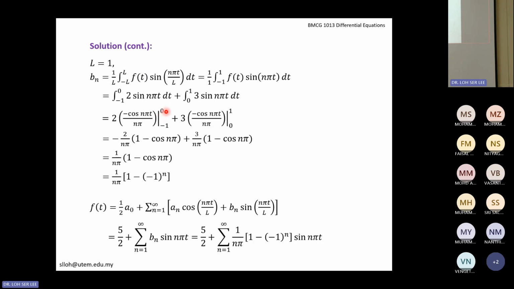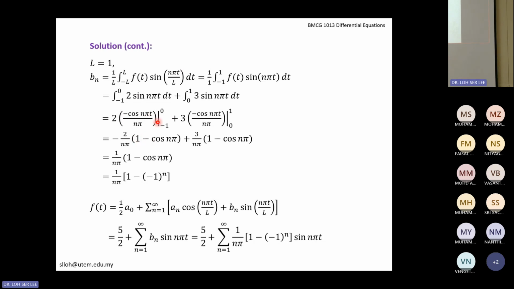When you substitute 0 into t, cos 0 is 1. Before that, I factorize -1 over n pi first, taking it outside. So you have -2 over n pi. Then 0 into t, cos 0 is 1.